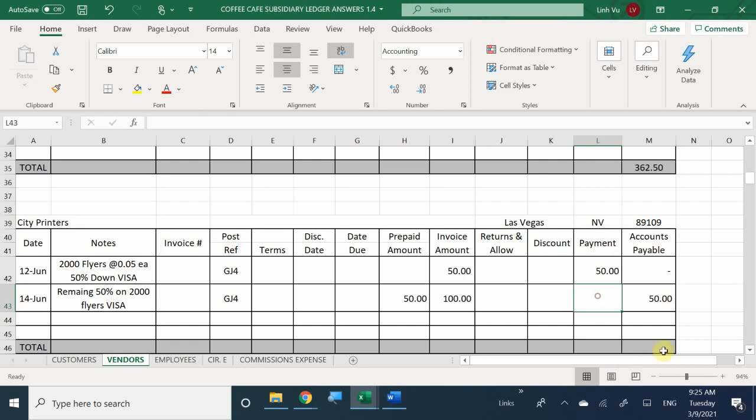So in this case, I paid with a Visa credit card, so I owe nothing. So that's how the formula works in this kind of sense. Okay? Any questions here? You're going to always put the original invoice amount, any discounts or any deductions to that invoice is going to be placed in here. Right? All right. Any questions so far?